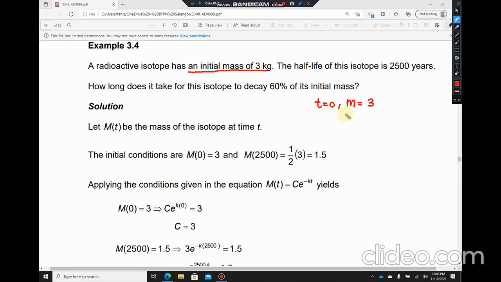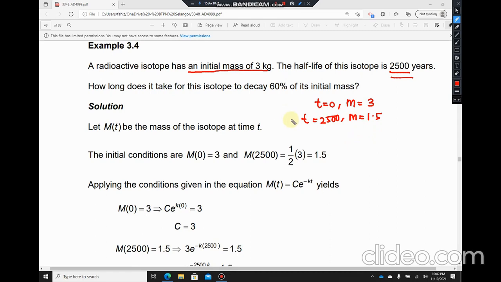Okay, apa maksud half-life? Maksudnya M kat sini, M dia adalah 1.5 sebab dia menyusut daripada yang asal which is 3 kg. So kalau M dia 1.5, maksudnya half-life berlaku pada T equals to 2500. Maknanya selepas 2500 tahun, mass dia berkurang sebanyak separuh.